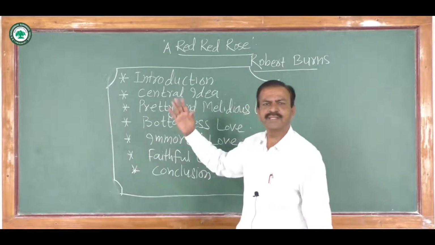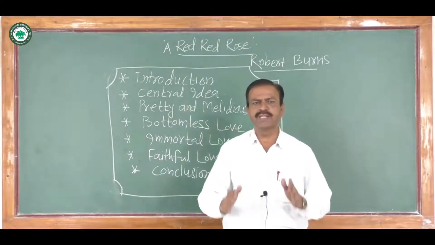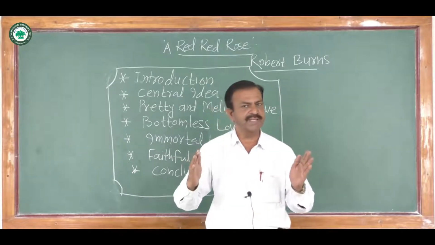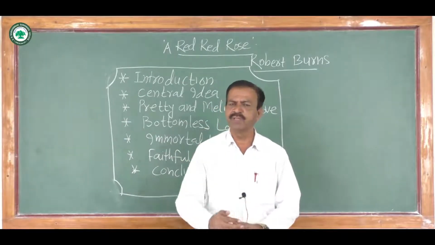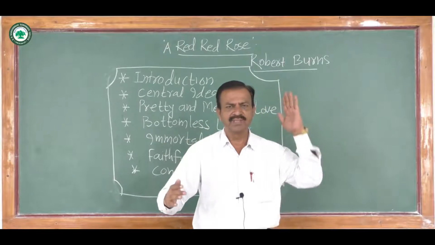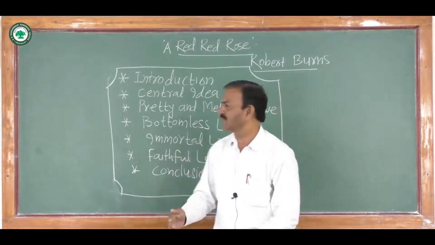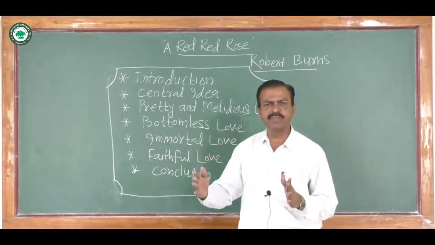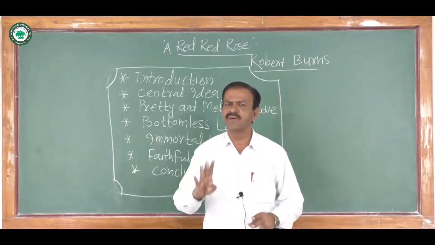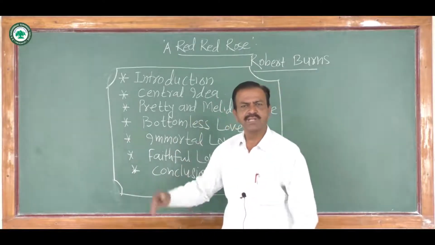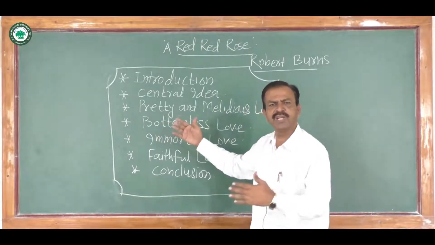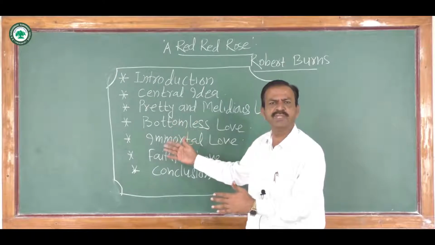Next, the second point is the central idea of this poem, that is, what is the main subject of this poem, that is love. The title itself indicates. The next point, the poem is written in 4 stanzas. So our next point is related to each and every stanza of this poem.